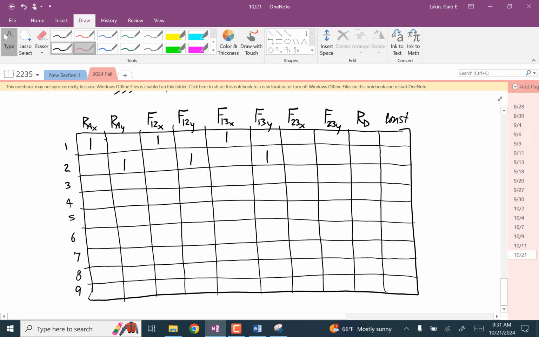Equation 3, RAX, we have 0.5. F13x, we have negative 0.5. Oh, and I missed the constant for equation 2. So for equation 2, there's a constant of 196.2.